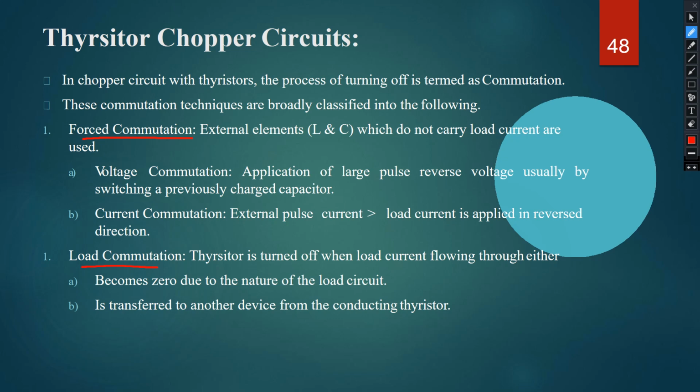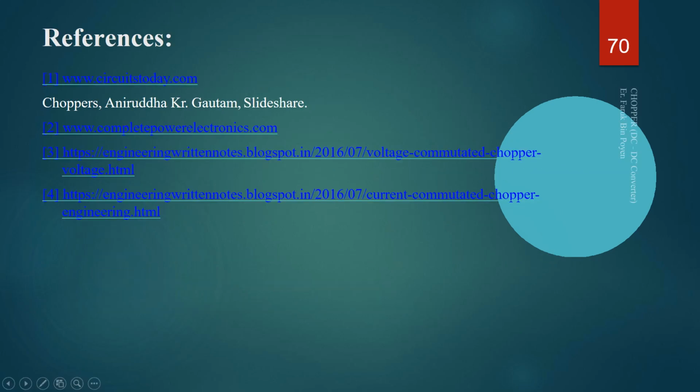In forced commutation we have voltage commutation or current commutation, and in load commutation it is commutated by the load itself due to the nature of the load circuit. Because chopper is a DC circuit, you have to apply forced commutation techniques over here, because it is not operated by AC, and DC does not have the natural zero crossing.